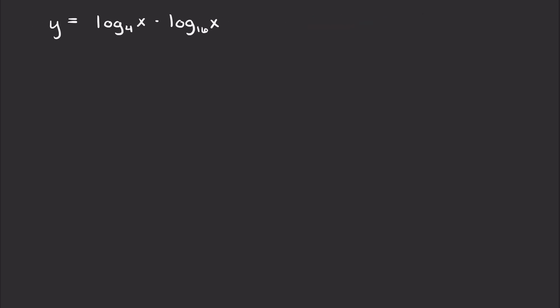The next function is y equals log base 4 of x times log base 16 of x. So we'll start off, as always, by rewriting this. So the first one can be written as the natural log of x over the natural log of our base 4 times, again, natural log of the argument x over natural log of the base 16.